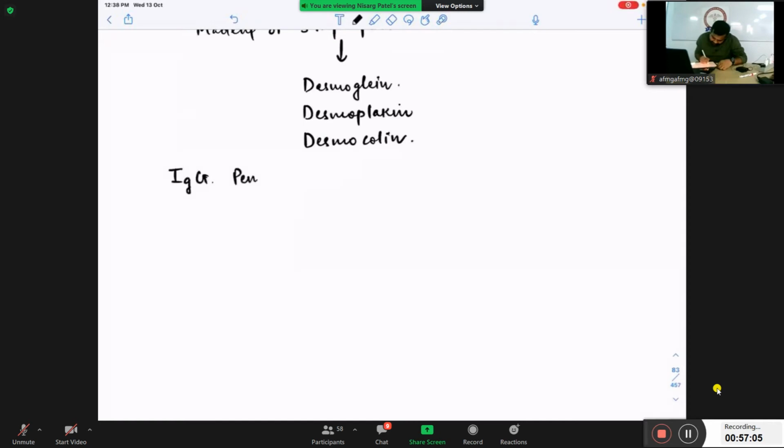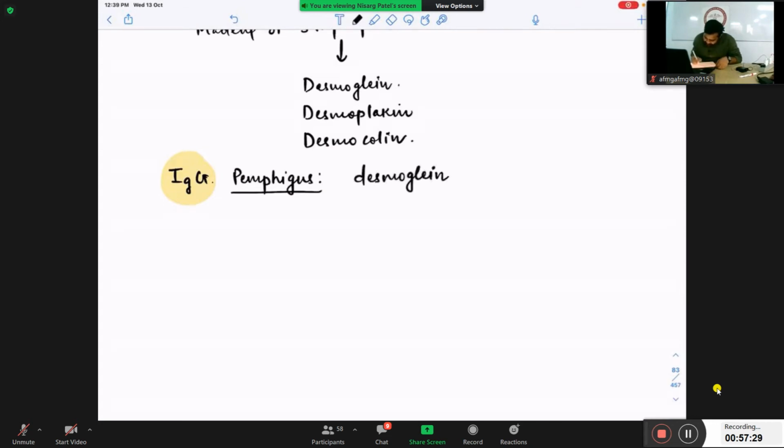If the person develops pemphigus, there are two types of pemphigus. One is an IgG induced pemphigus, in which the patient has an antibody against desmosome, right? In pemphigus, we have an antibody against desmosome. What happens in this disease?